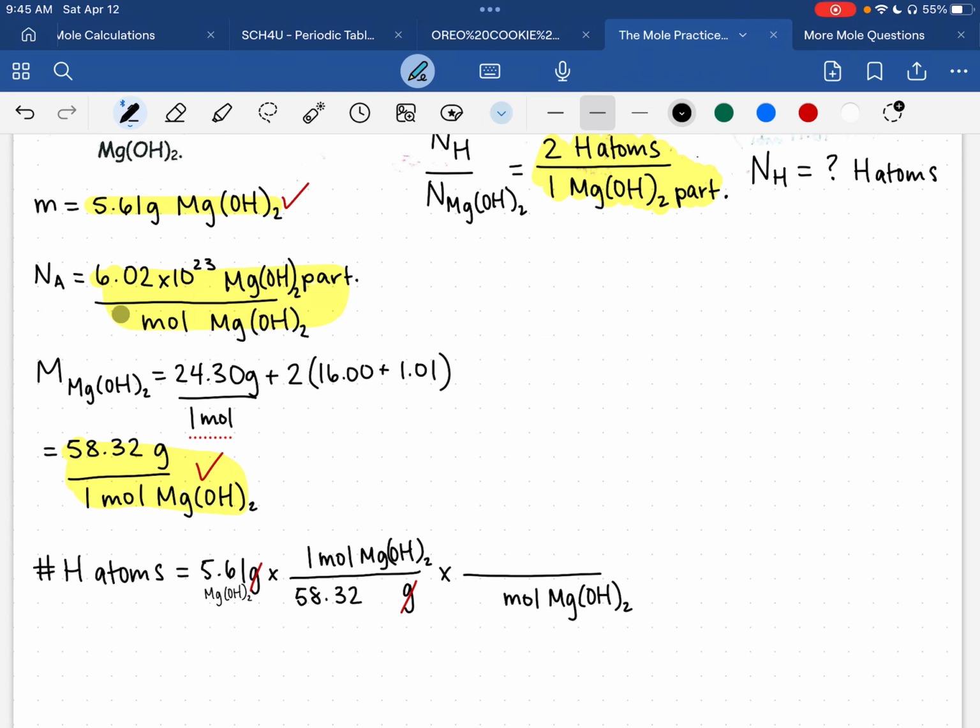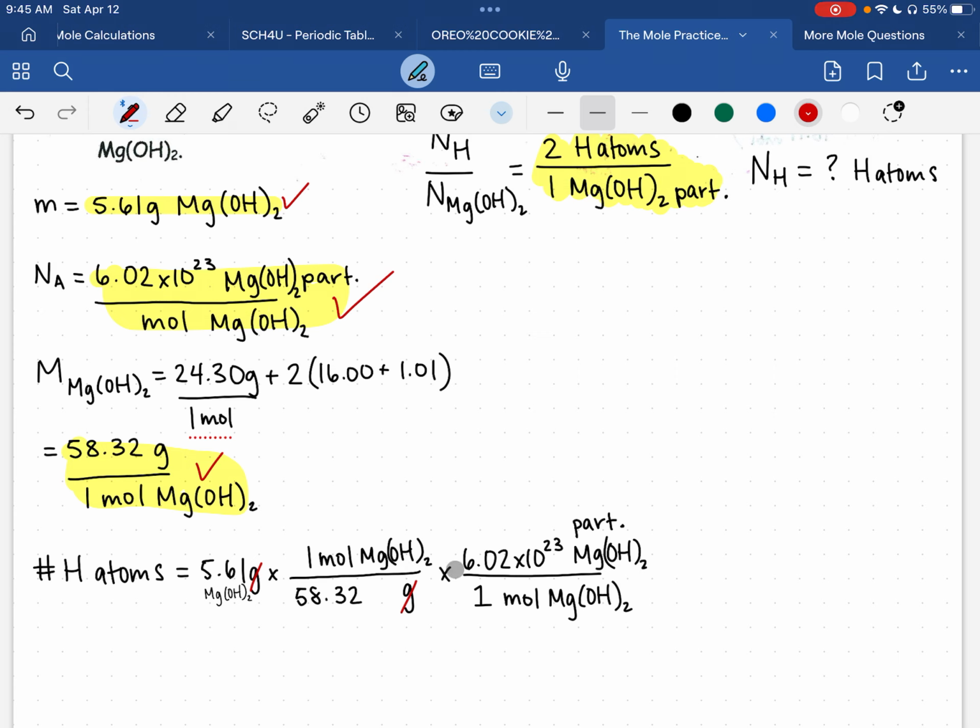It's per mole or per 1 mole, it's the same thing. Per 1 mole magnesium hydroxide, and it's 6.02 times 10 to the 23 particles of magnesium hydroxide, Mg(OH)2 particles. Okay, so we've used that one now.